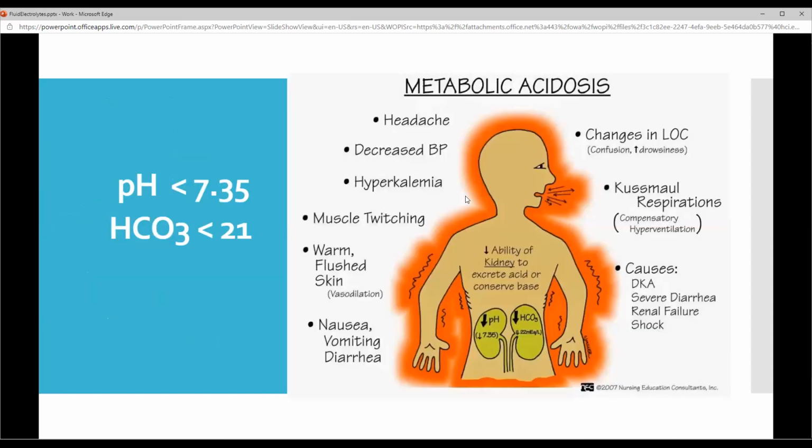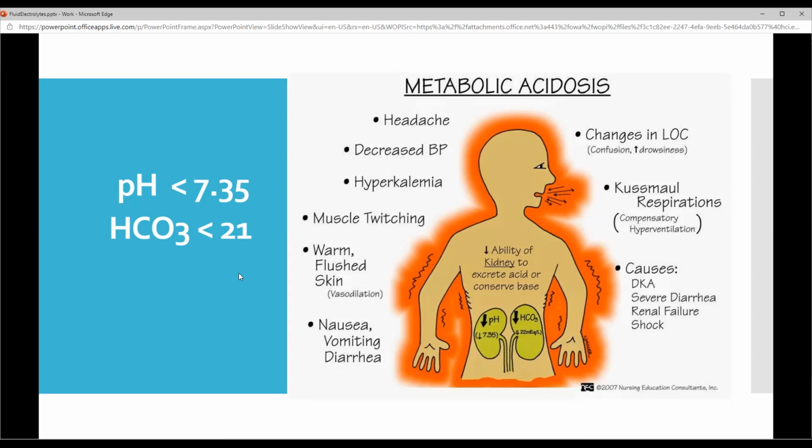So let's talk about metabolic acidosis. Metabolic acidosis is going to be due to a low bicarb. Bicarb is a buffer. It is basic, okay? So when we have low bicarb, we're going to have a high amount of hydrogen ions circulating in the ECF, and we are going to have a low pH.